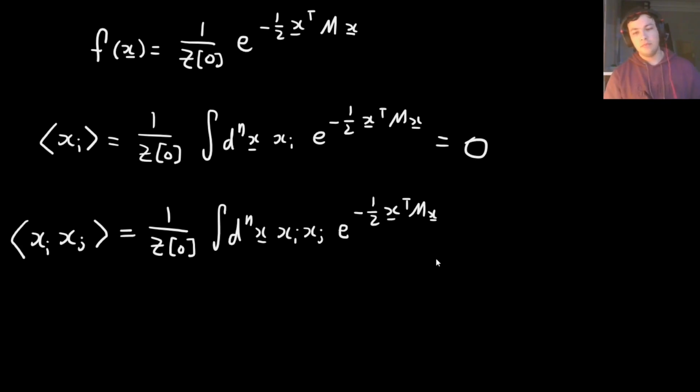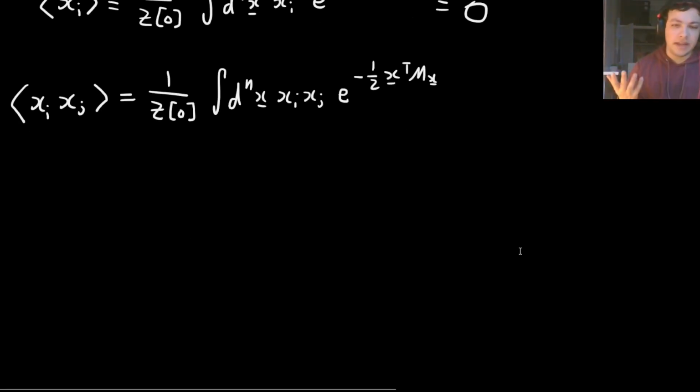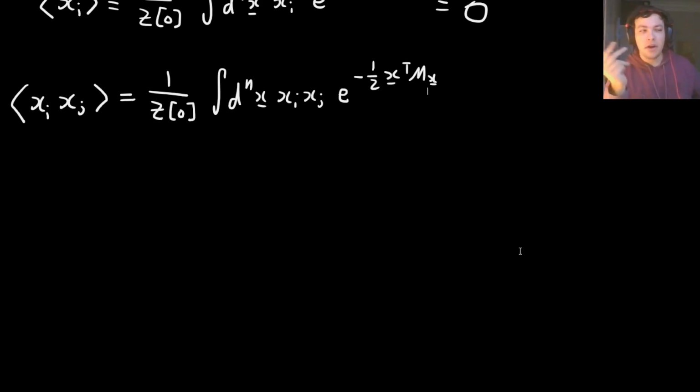Okay, well that looks doable. Maybe we could do some clever integration by parts to work this out, but we're going to be smarter than that. We're going to use a different approach that's going to basically give us an easier answer that we can generalize more easily.